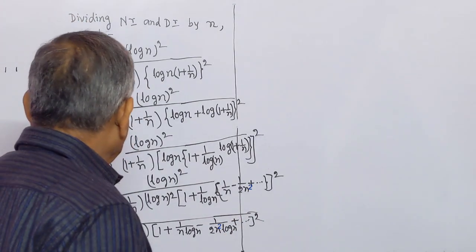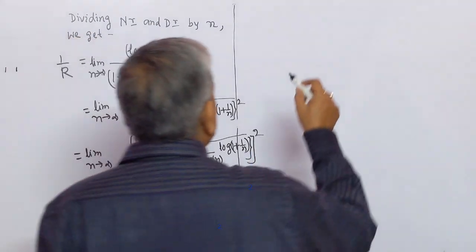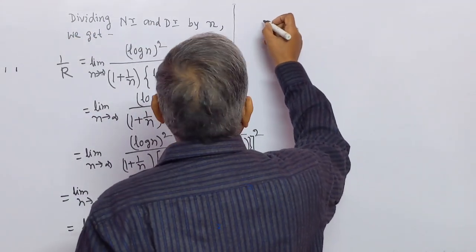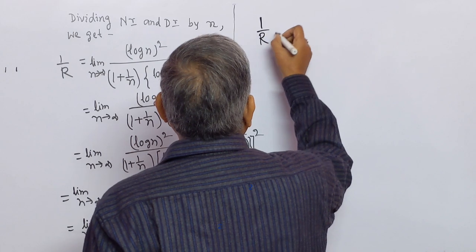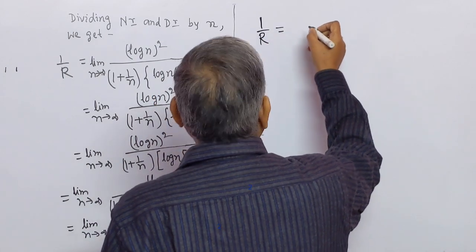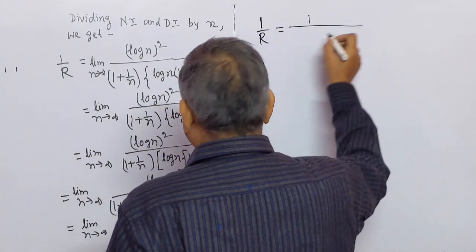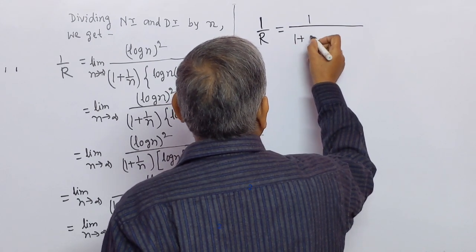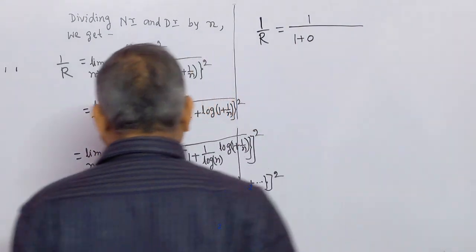Here using n tends to infinity, we get 1 by r equal to, right side, 1 by 1 plus 1 by n is 0 as n tends to infinity.